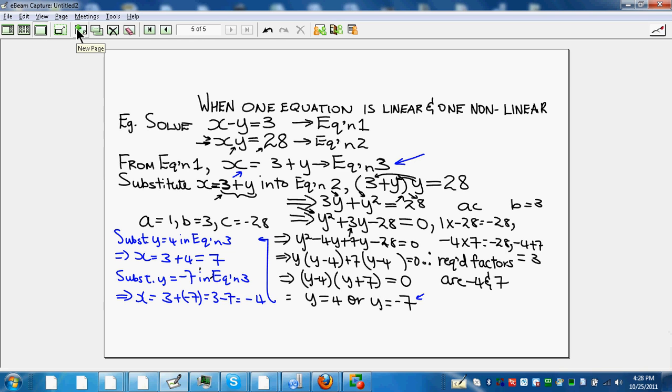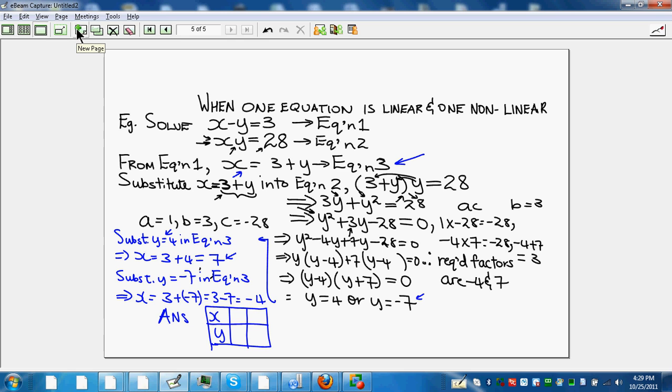So now, in a nice, comfortable way, you could write your answer. Let's write the answer down. The answer will be given in this manner. You write down what x is and what y is. And in this case, you put 2 blocks, because now you have 2 values for x and 2 values for y. So let's see what we have. X is equal to 7 when y is equal to 4.